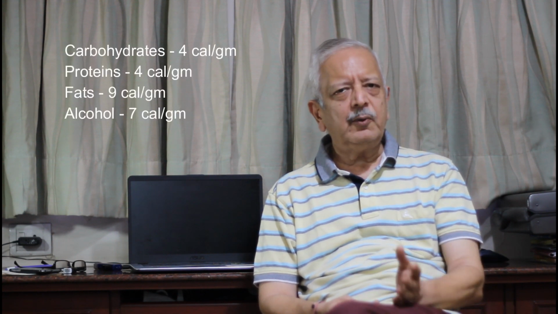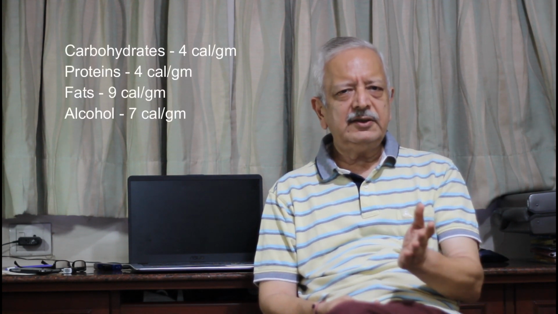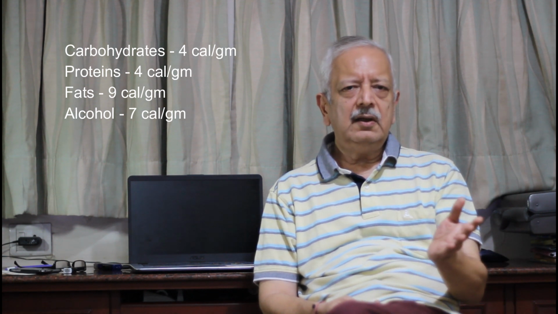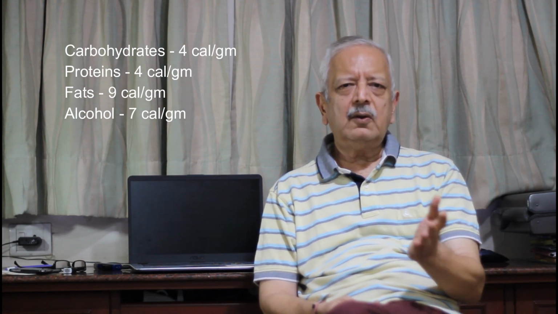Under the Atwater system, all carbohydrates and proteins contain 4 calories per gram, fats contain 9 calories per gram, and alcohol contains 7 calories per gram. No consideration is given to where these calories are coming from, how they are processed in the body, what happens to them when they are stored, what happens to them when they are processed and cooked. All of these are supposed to contain X calories per gram, and that's it.